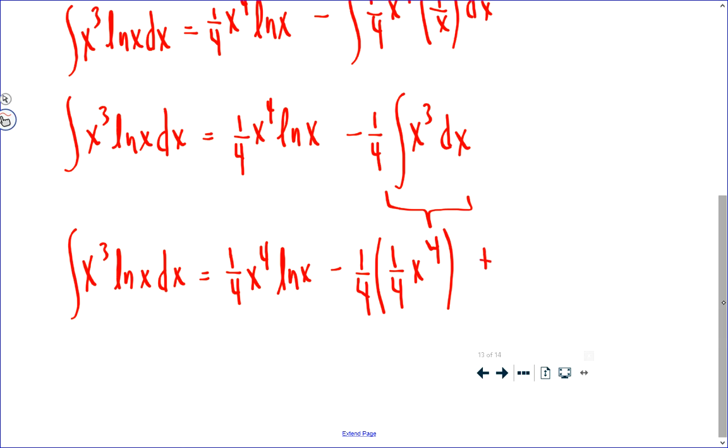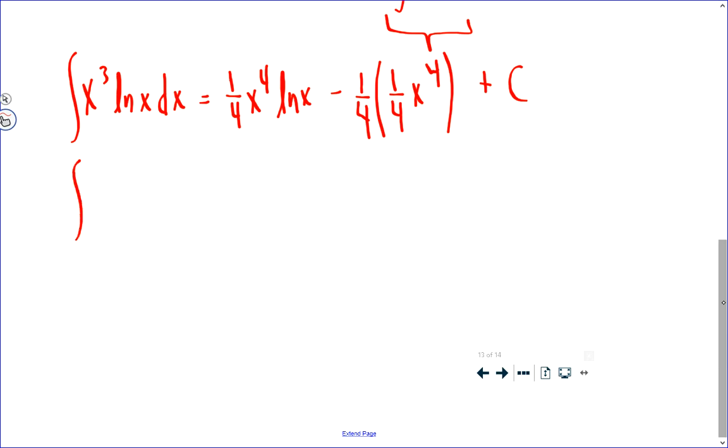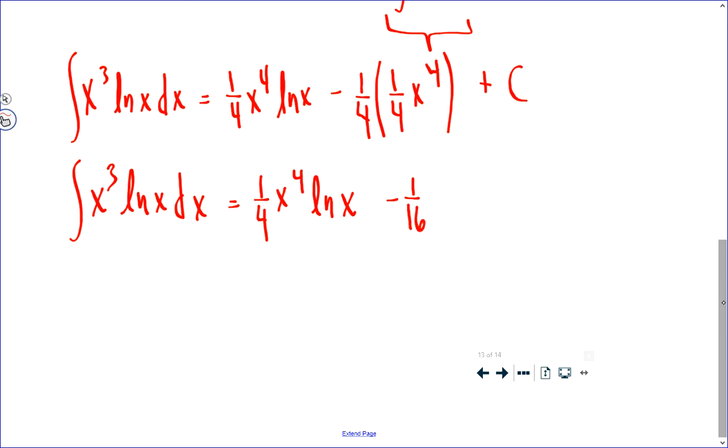Don't forget your constant. The integral of x cubed times ln x dx turns out to be 1/4 x to the 4 ln x minus 1/16 x to the 4 plus your constant.